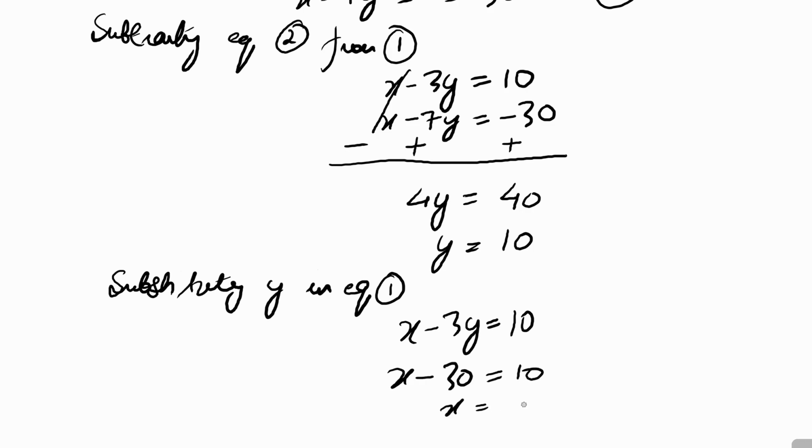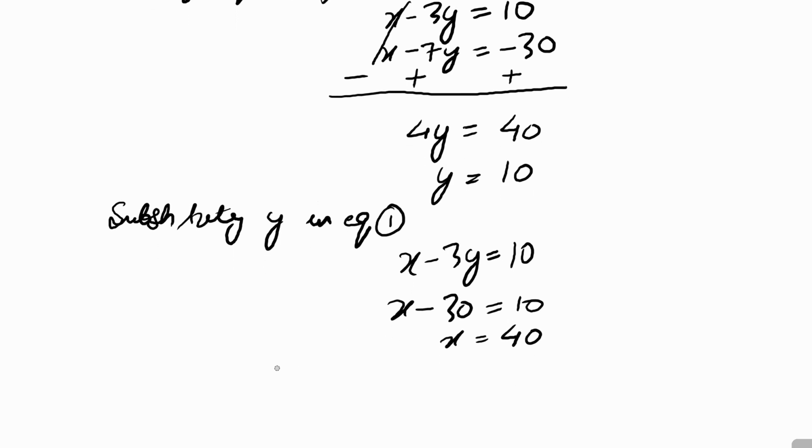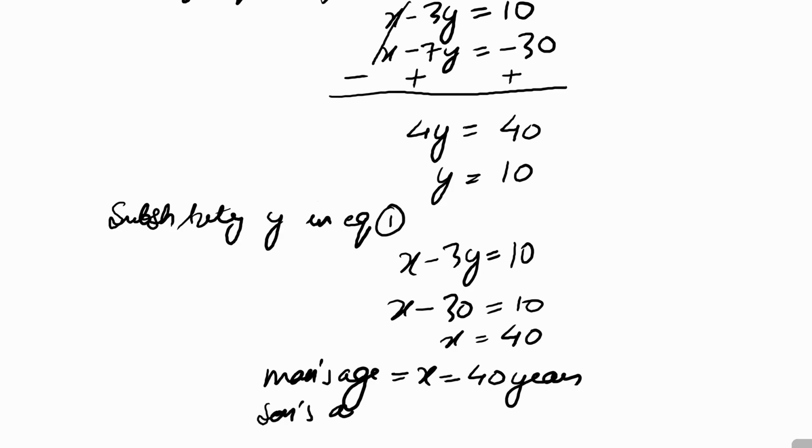So x is equal to 40. So what is the man's age? Man's age is x, that is 40 years. And son's age is y, that is 10 years.